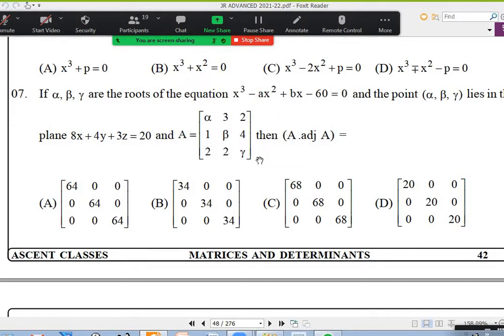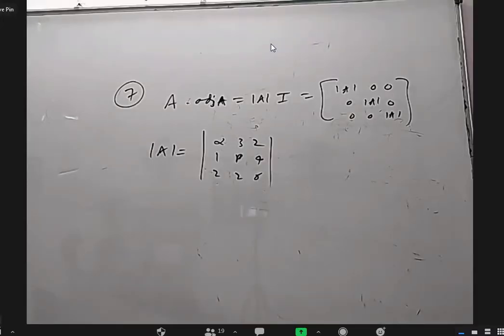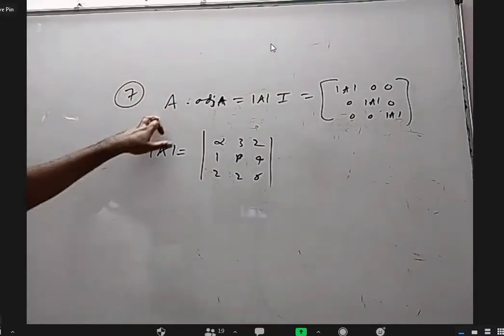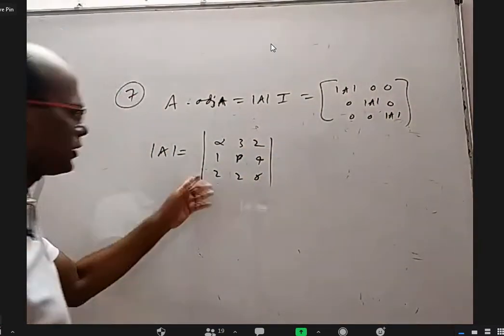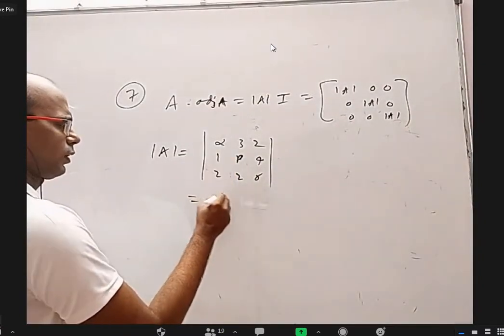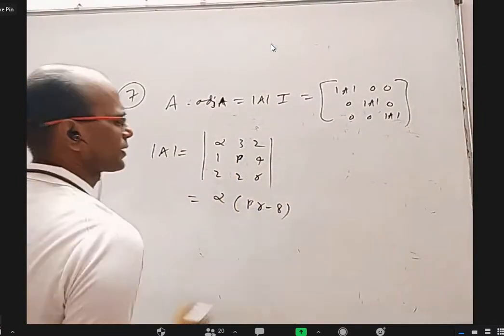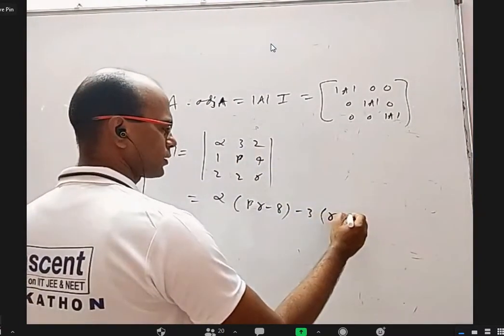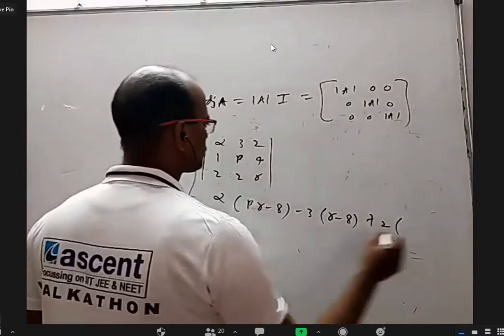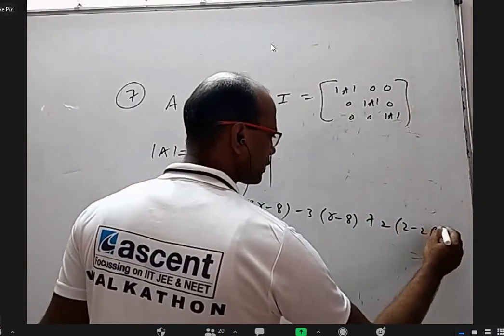Okay, so let us see what is det A. The matrix is alpha 3 2, 1 beta 4, 2 2 gamma. They wanted A into adjoint A, that is det A into the identity matrix. How to find det A? Simply expand: alpha into beta gamma minus 8, minus 3 into gamma minus 8, plus 2 into 2 minus 2 beta.